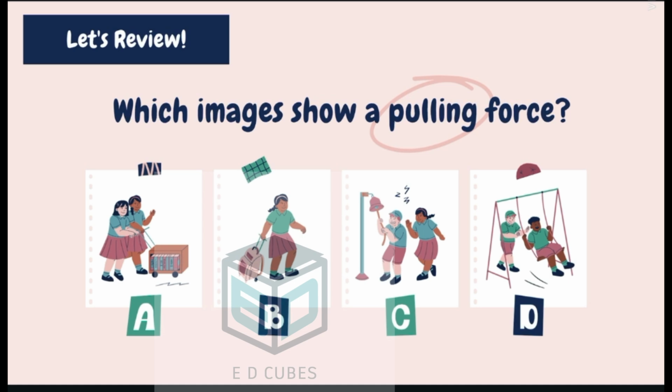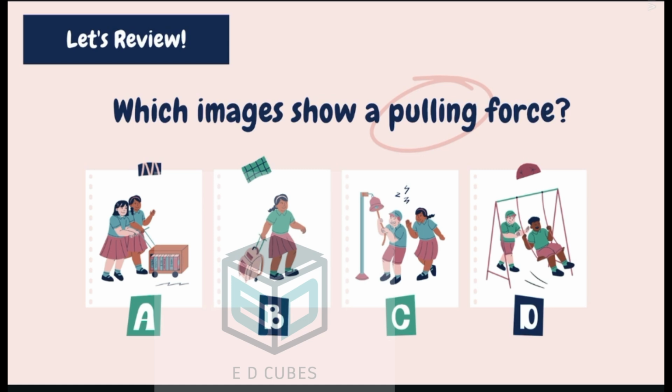On the other hand, in the second picture, a girl is holding a bag having wheels, and she is trying to move forward. In this case, she is trying to pull the bag closer to herself, to make the bag move along with her. So here she is applying a pull force.